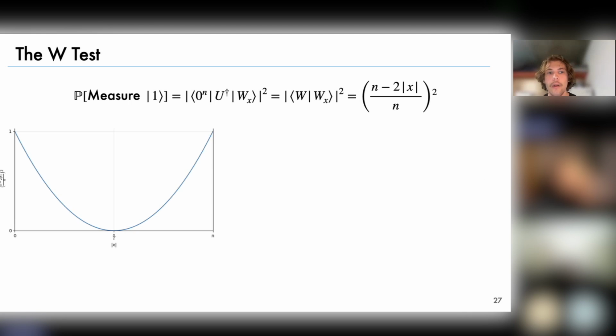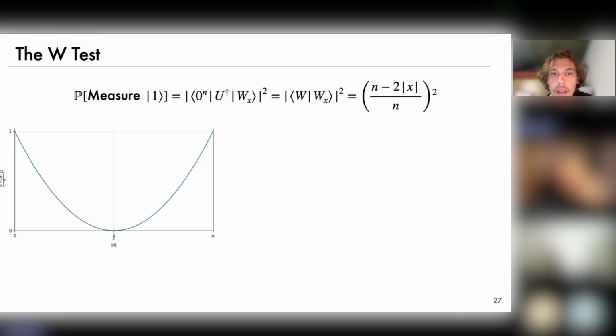So what I said earlier is that this OR gate flips the final qubit if some qubit in these ancillas is not set to 0. And so we can just exactly compute this probability as follows. We look at the amplitude on 0 of this 𝖢0 W_x state and square it.